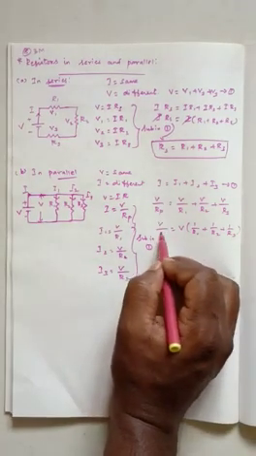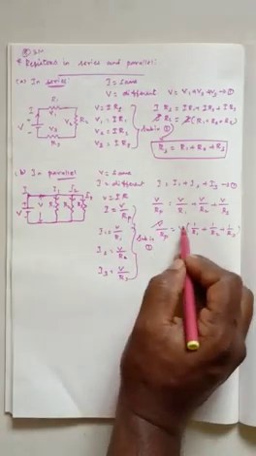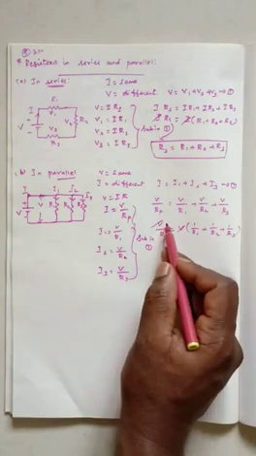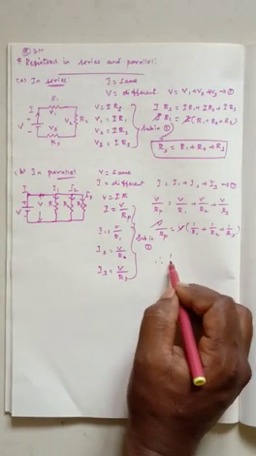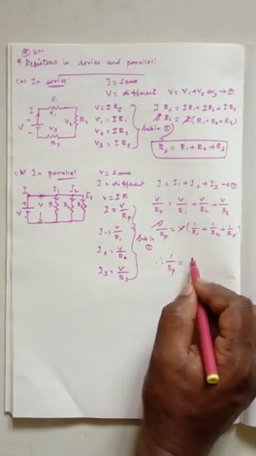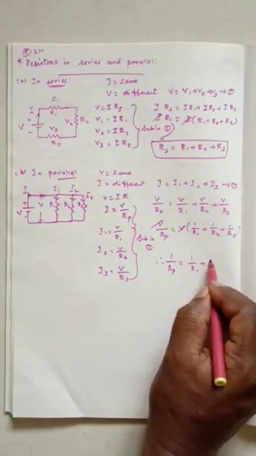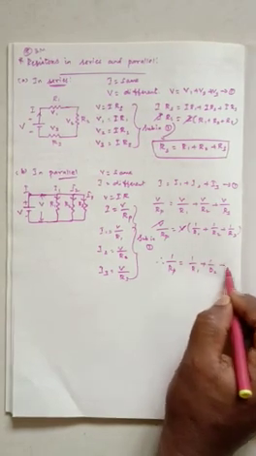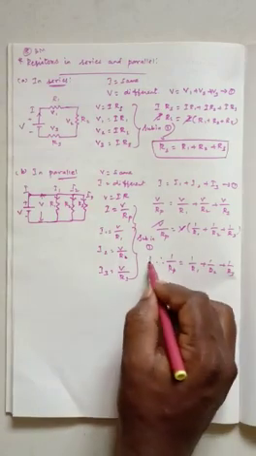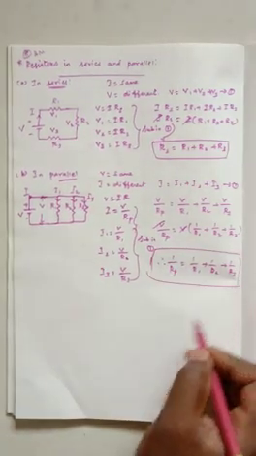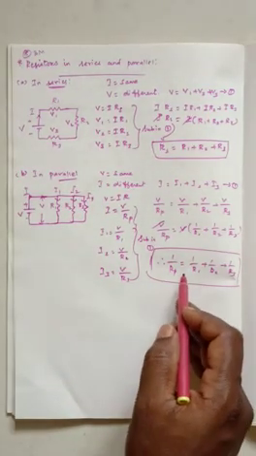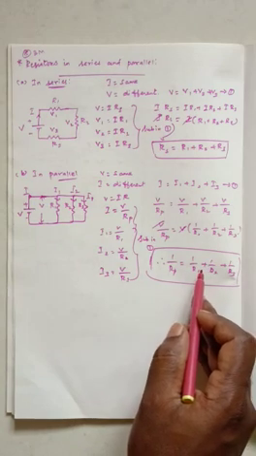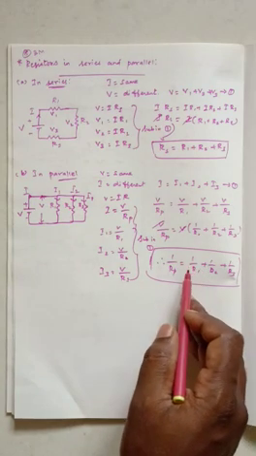The left side is V by Rp. Now this V is cancelled, the numerator 1 remains, don't forget to write 1. So 1 by Rp is equal to 1 by R1 plus 1 by R2 plus 1 by R3. In this parallel connection, the equivalent resistance is equal to the sum of the reciprocals of the individual resistances.